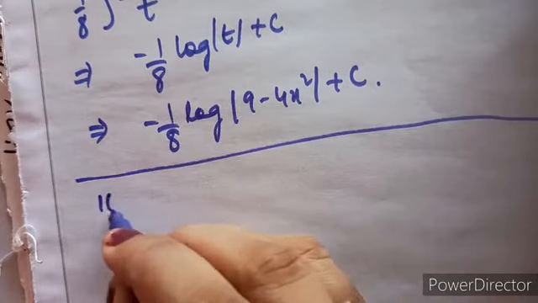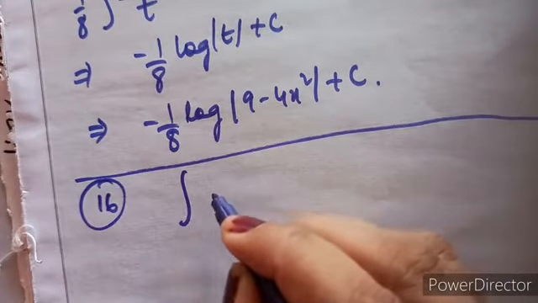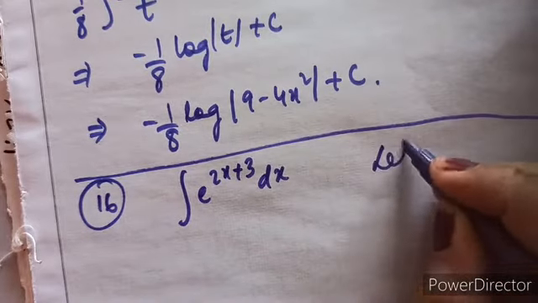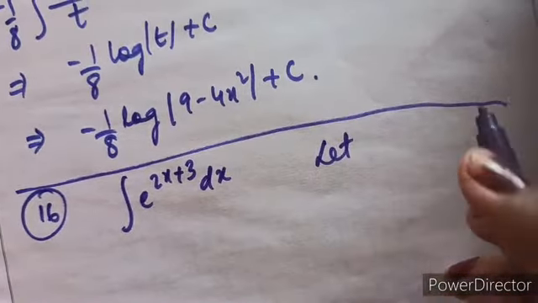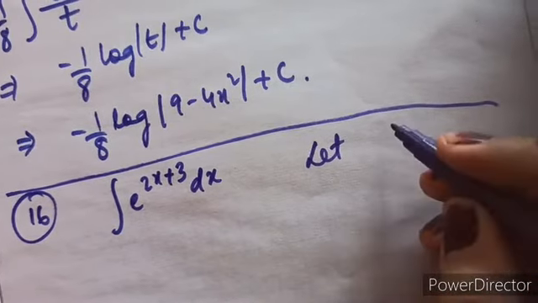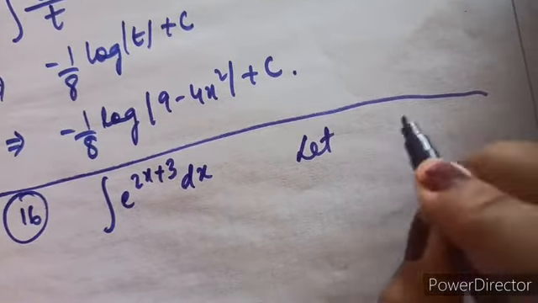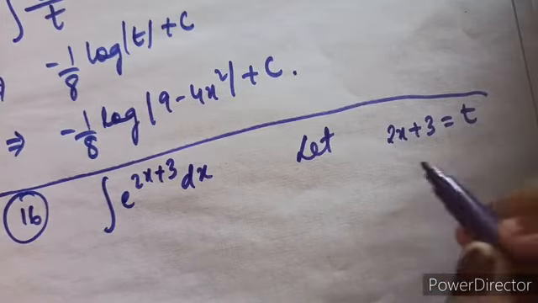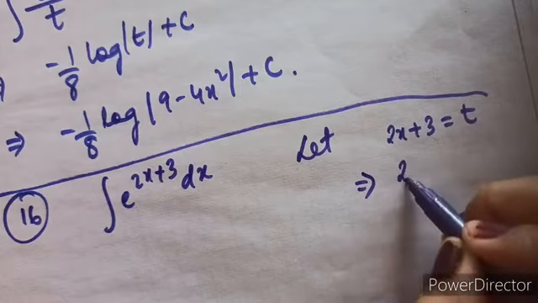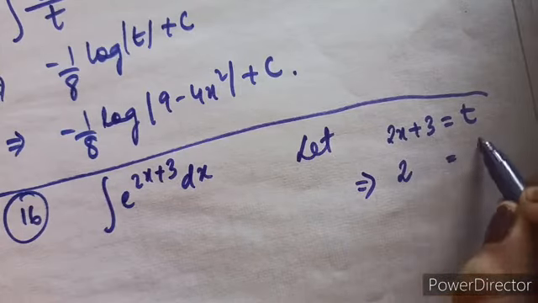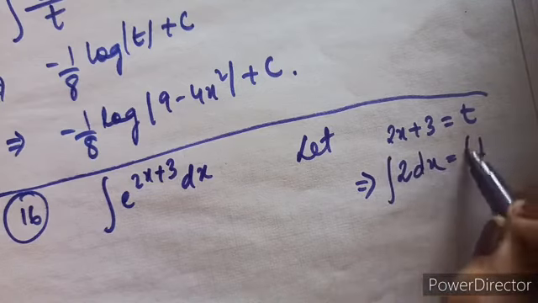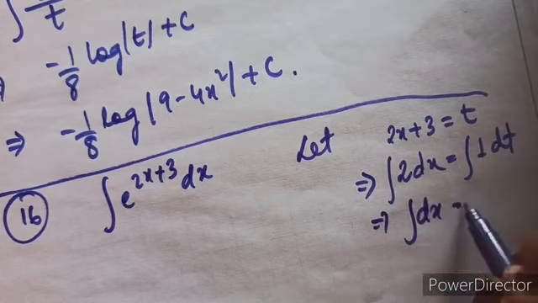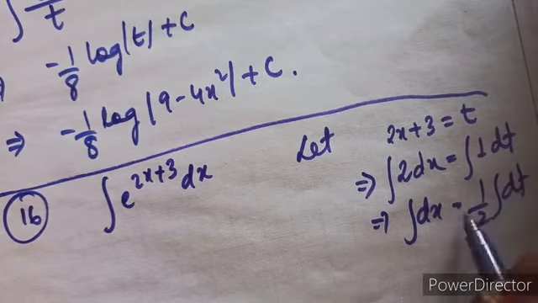Okay. Next is question number 16. That is integration e to the power 2x plus 3 dx. So here let 2x plus 3 equal to t. So if I use d by dx, this will be 2, this will be 1, and this will be dx, this will be dt. So that means dx will be 1 by 2 dt.